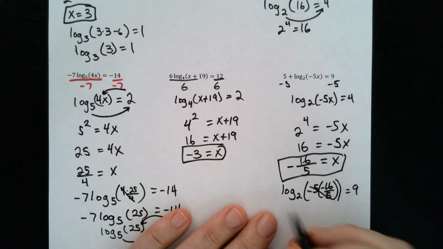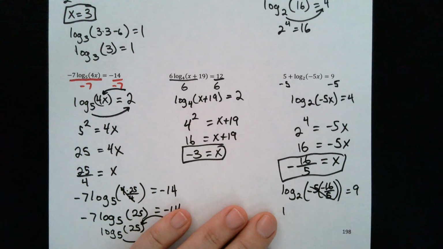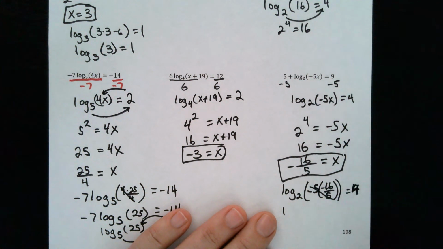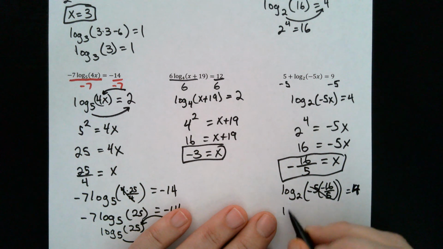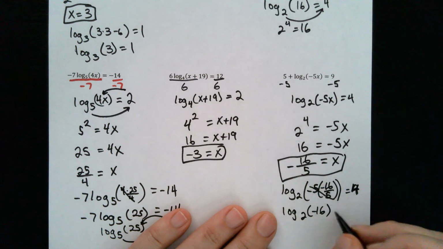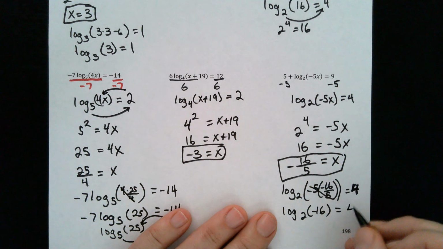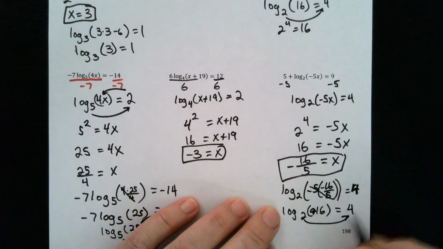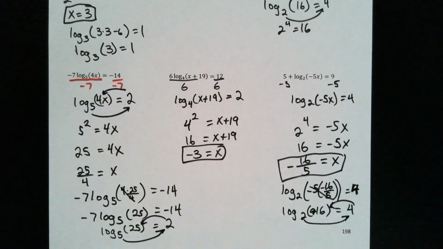These cancel, so do the negative. So that would be log base 2 of 16 is equal to 4. Positive 16 because the negatives canceled out, and 2 to the 4 is equal to 16. So that is the correct answer.